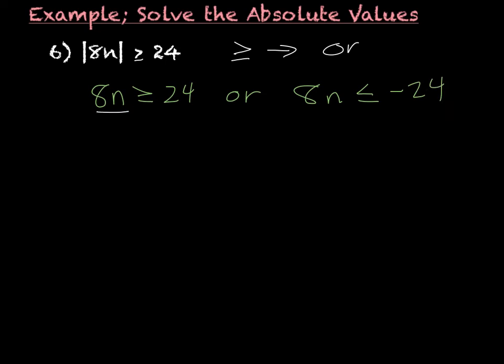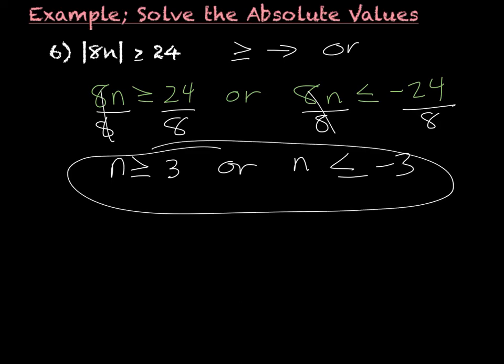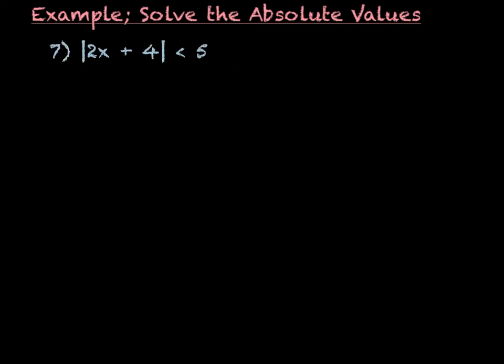And then when we solve, we divide by 8, divide by 8, n is greater than or equal to 3, or n is less than or equal to negative 3. And that's your final answer. And you should be able to graph that, and they would go opposite directions.